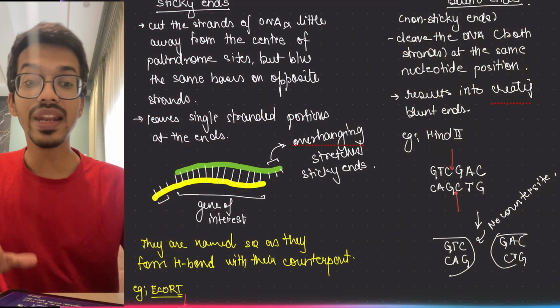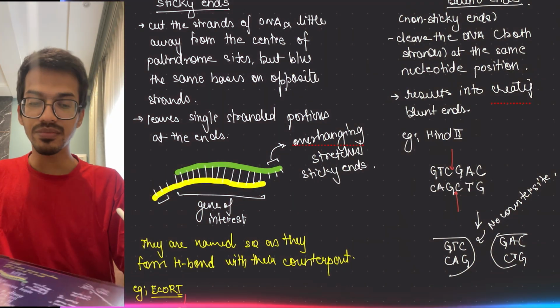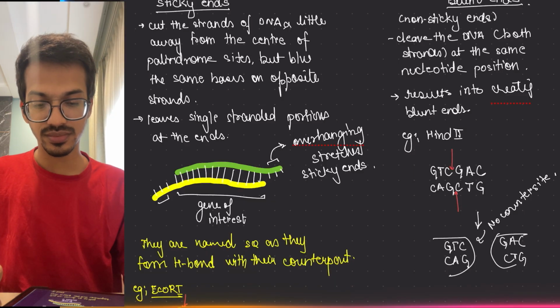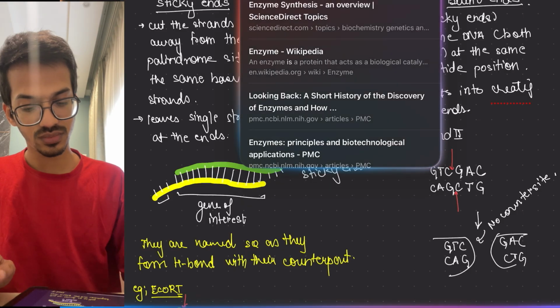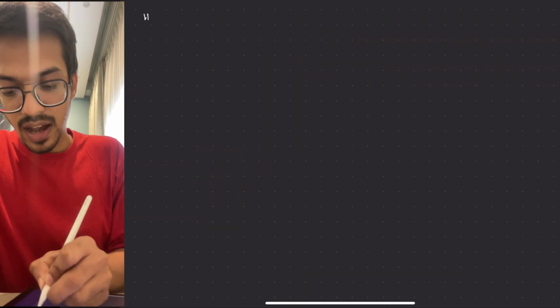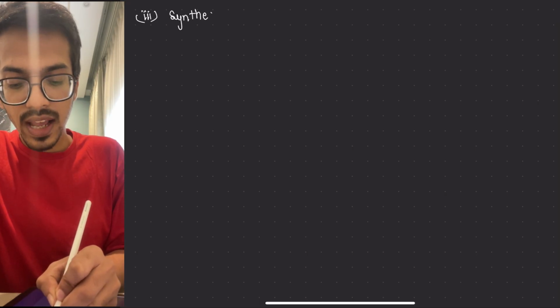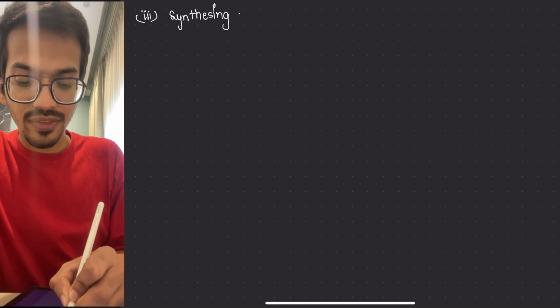Coming to the next enzymes, what are they? They are the synthesizing enzymes. The third type is the synthesizing enzymes. They help in synthesizing the DNA fragment.